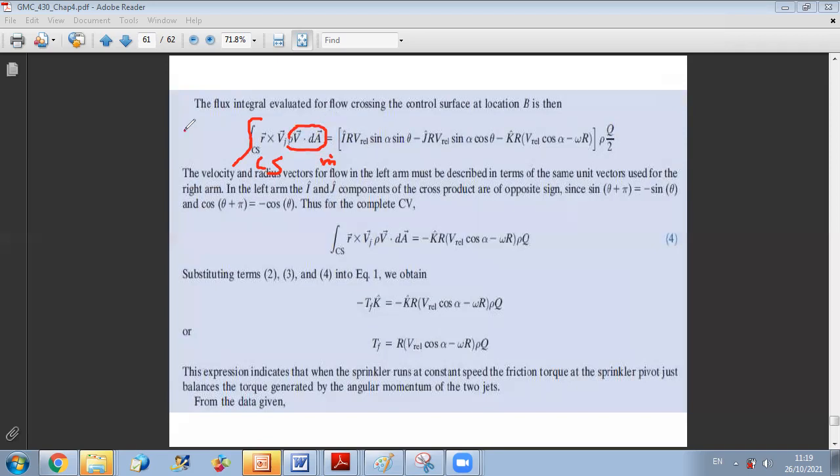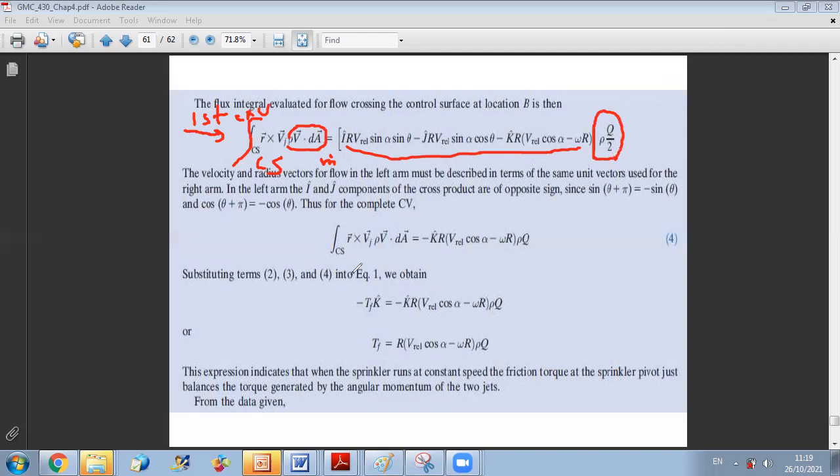So this is the integral for the first exit. For the first exit, I replace r vectorial v by the result I got, function of theta and alpha. And since the velocity is uniform across the area, I can multiply this by m dot at exit 1. And m dot at exit 1 is half m dot total, which is rho q over 2.